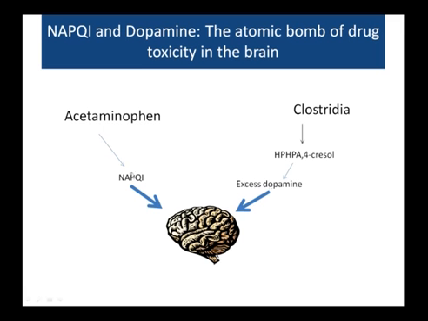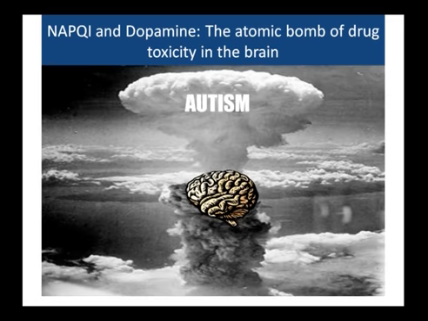And at the same time, acetaminophen also forms these highly reactive toxic compounds, NAPQI being one of the most important. Both of these have a severe negative effect on the brain, and so in effect, this combination could be considered the atomic bomb of drug toxicity in the brain, having two different substances that are very toxic, both being produced together.